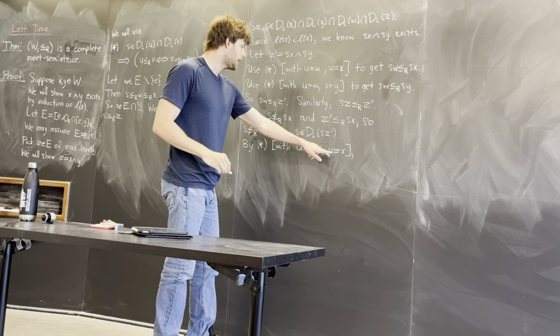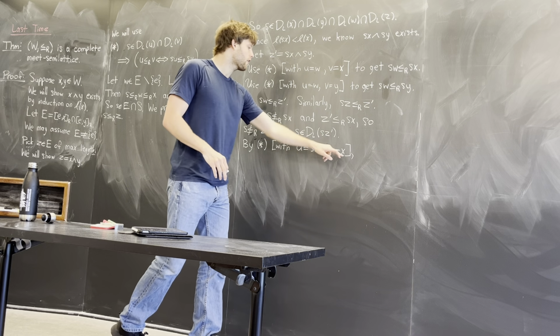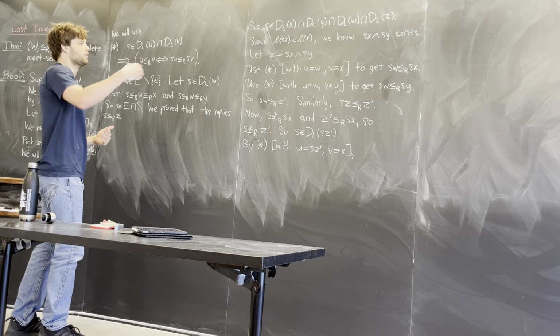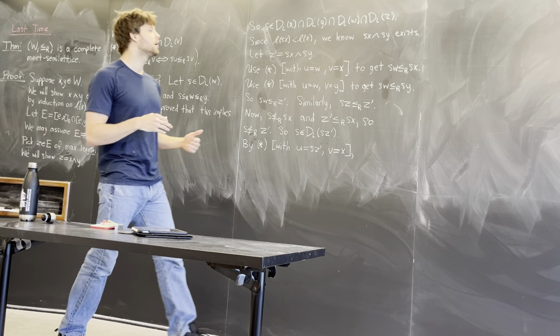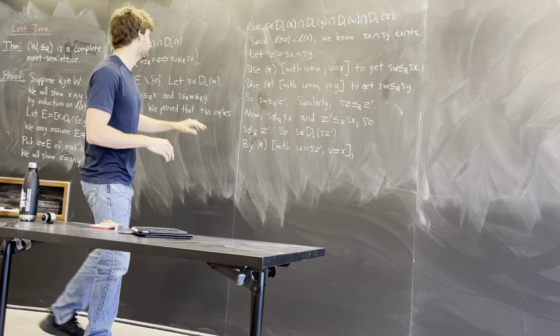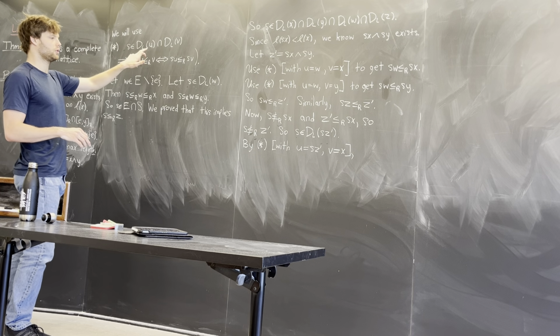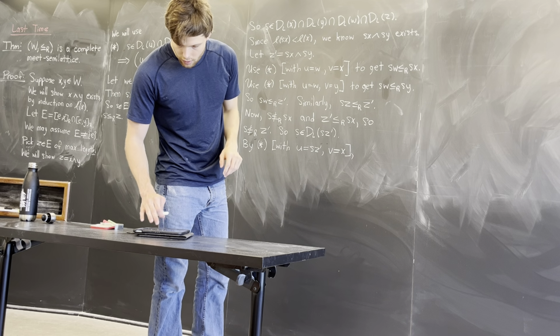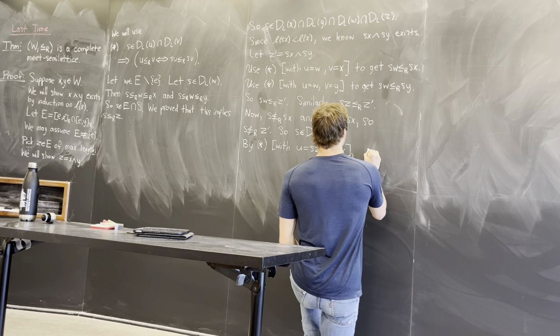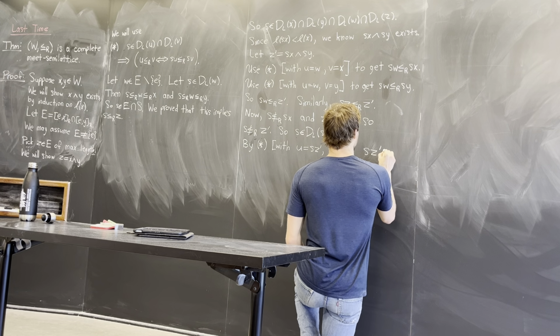This tells us that SZ prime is less than or equal to X if and only if Z prime is less than or equal to SX. But Z prime is less than or equal to SX because it is the meet of SX and something. So if I use this, I get that SZ prime is less than or equal to X.